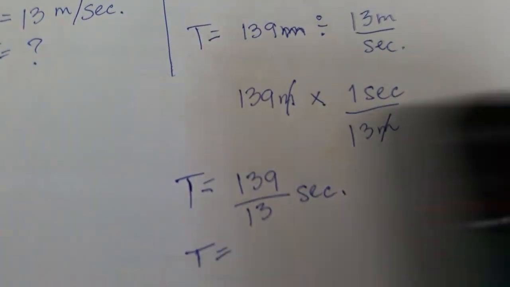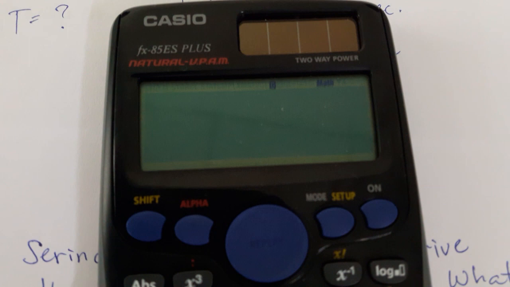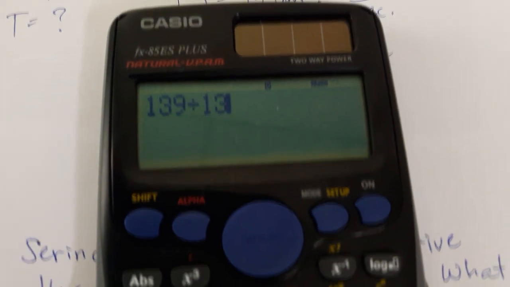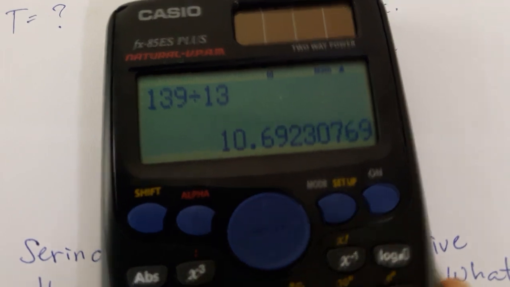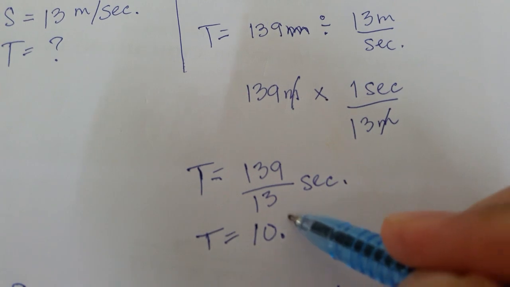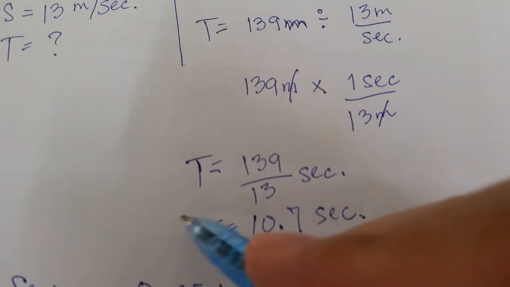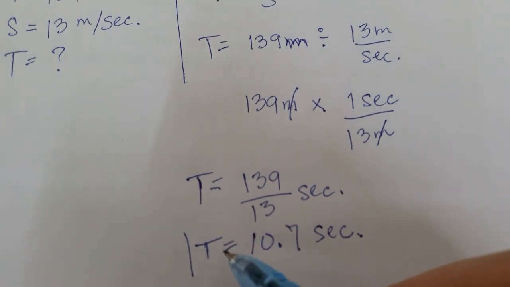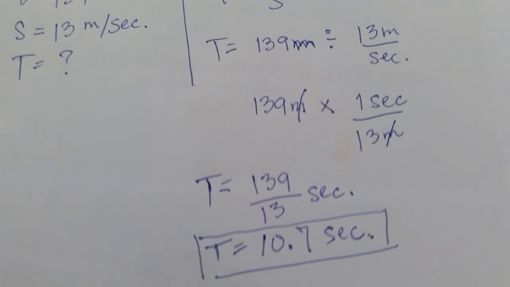What is the time? 139 divided by 13, 10.6 or 10.7 seconds. And that's our answer for this word problem.